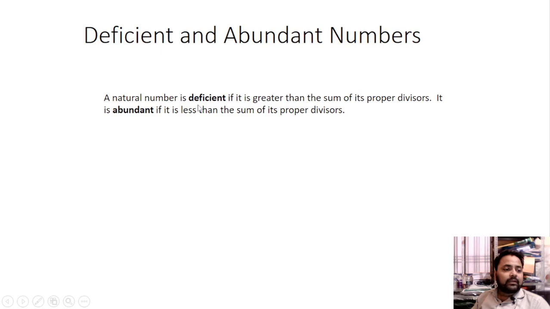A natural number is deficient if it is greater than the sum of its proper divisors. This will be clear by example.